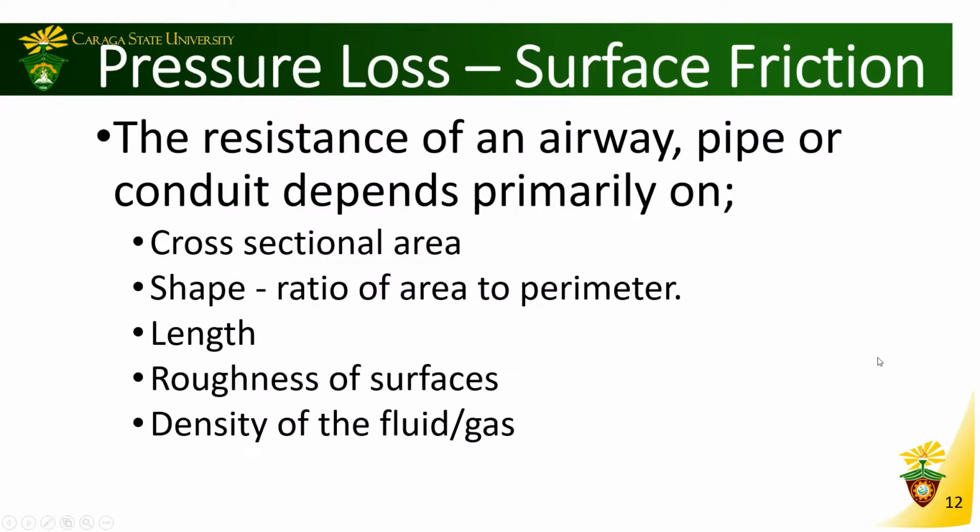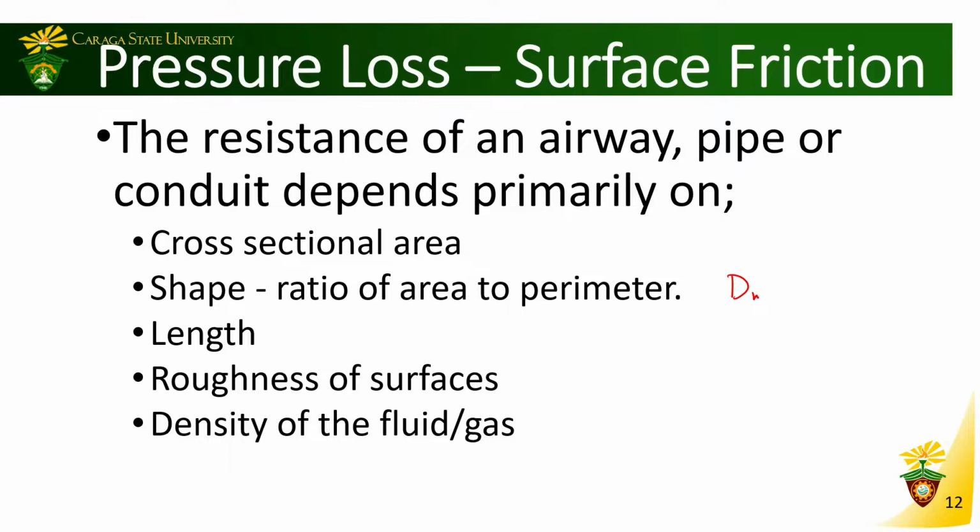The resistance of an airway, pipe, or conduit depends primarily on the following parameters. First is the cross-sectional area. Second would be the shape, or the ratio of area to perimeter. Okay. We term this as our hydraulic diameter.